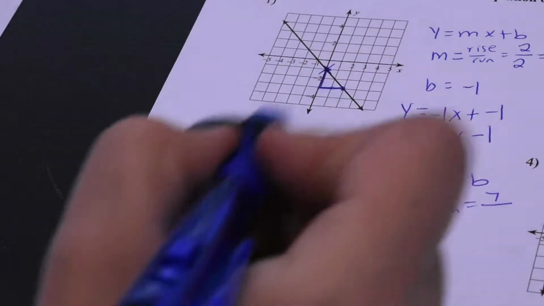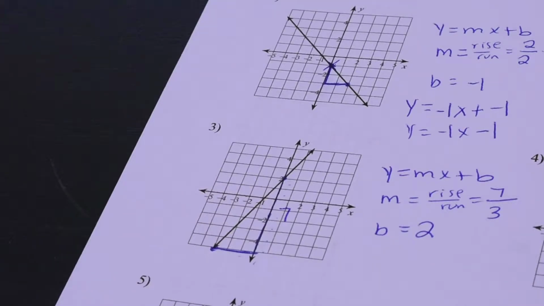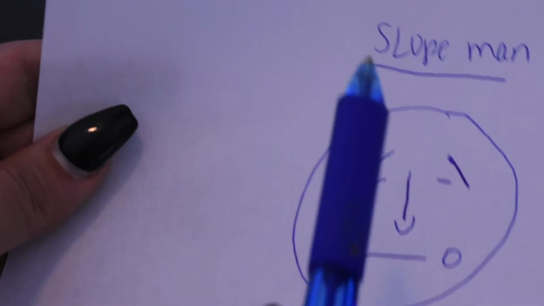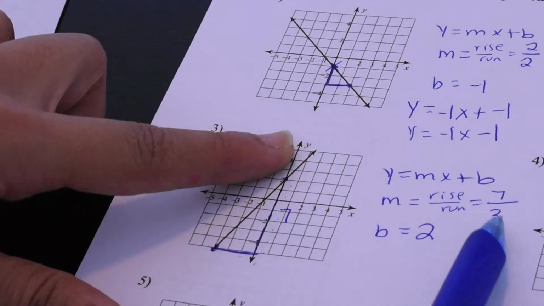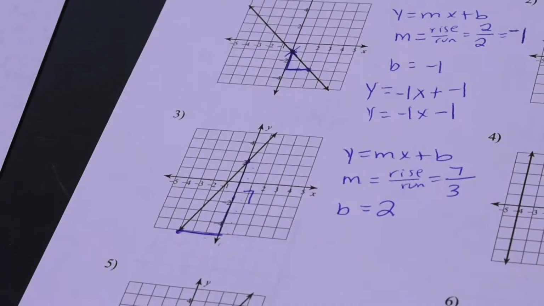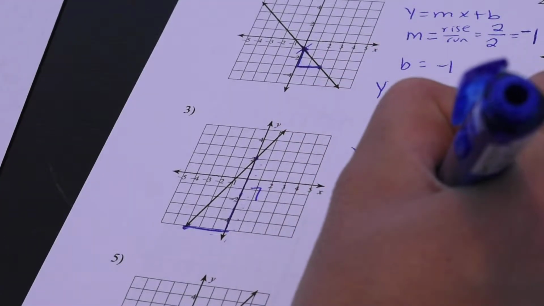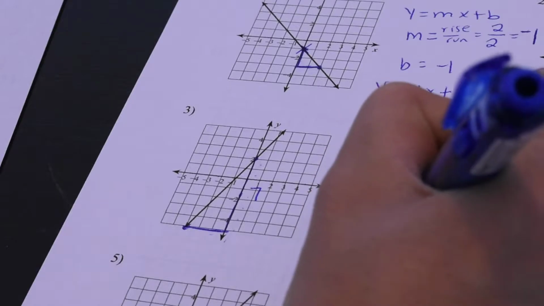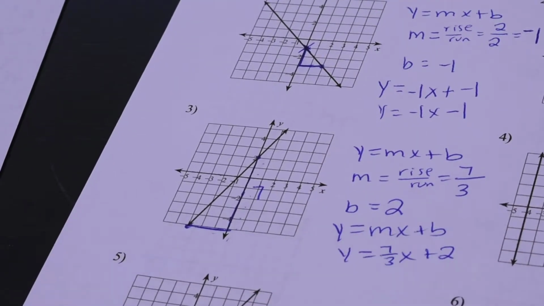My rise is 7. My run is 1, 2, 3. Okay, let me figure out is it positive or negative. So going from left to right, it goes up. If I was down here, I have to travel up. It's positive, so I'll keep it positive. I can rewrite my equation. Y equals mx plus b. Y equals 7 over 3x plus 2. That's my equation of the line.